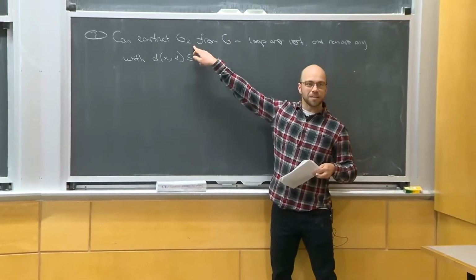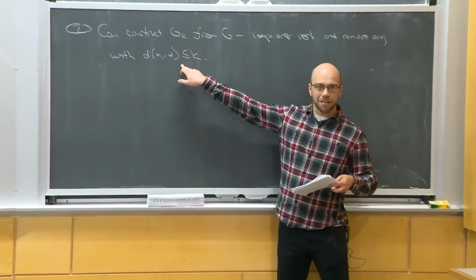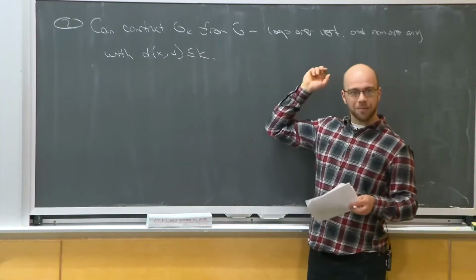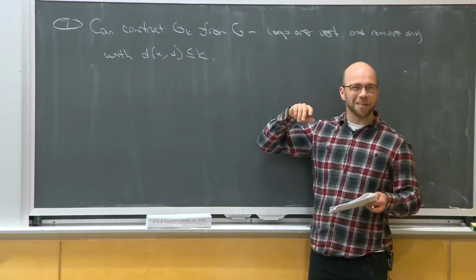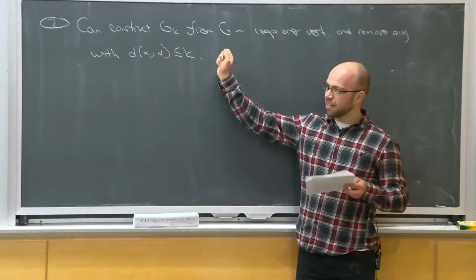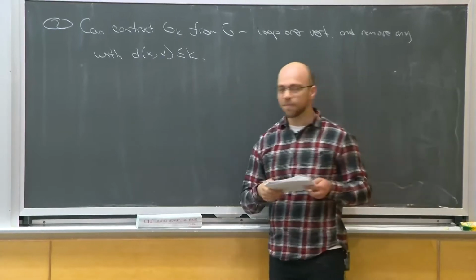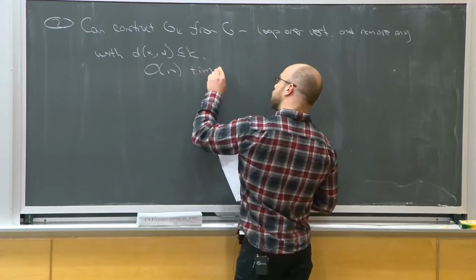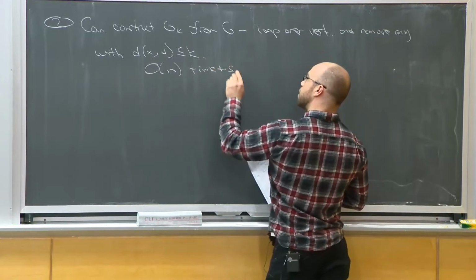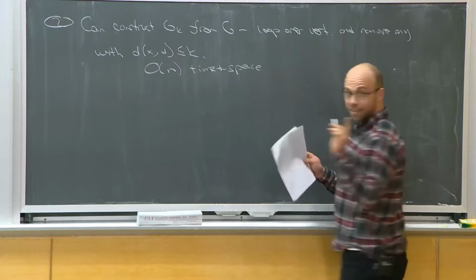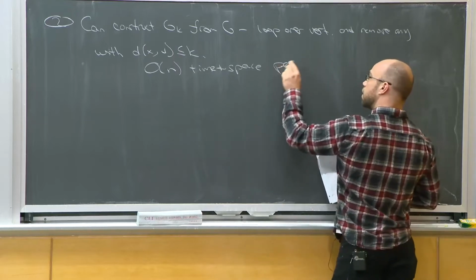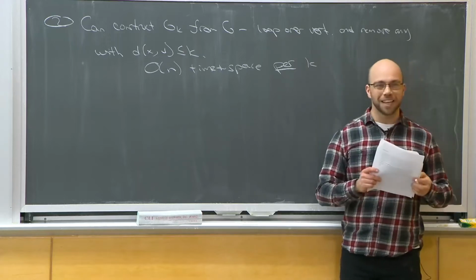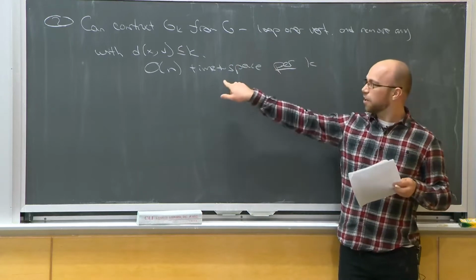If the radius of my sensor is K, any vertex with distance less than or equal to K I want to throw away. And how much time does this take? Well, there's just a loop over the vertices. I guess I need to account for the storage of my graph also, but of course, this graph takes less space than G. And so overall, this takes order n time and space. But there's a catch, which is this is per K. So every time I want to make a new GK, I incur an expensive order n.